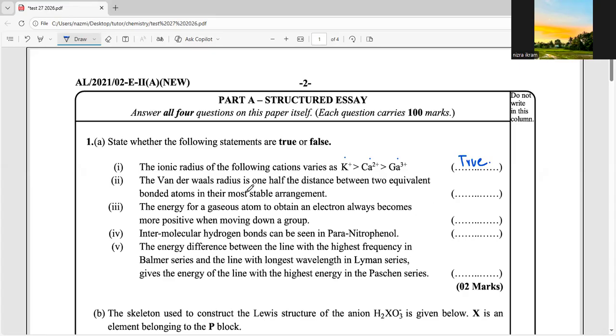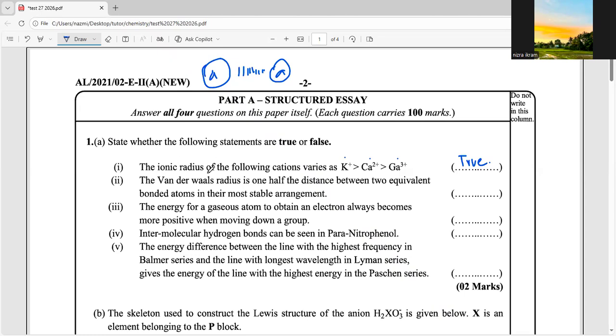The van der Waals radius is one half the distance between the two equivalent bonded atoms in their most stable arrangement. Now, van der Waals means it's an interaction. When you have two molecules, let's say molecule A and molecule B, they have an interaction. It can be dipole-dipole or dipole-induced dipole, any kind of interaction, London forces.